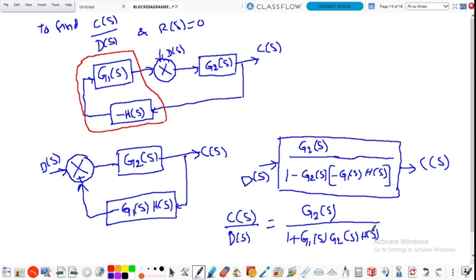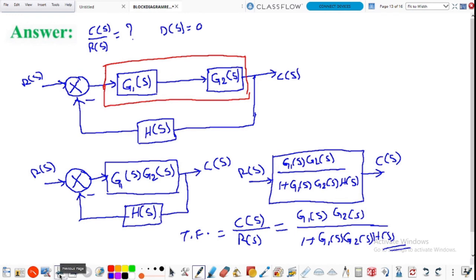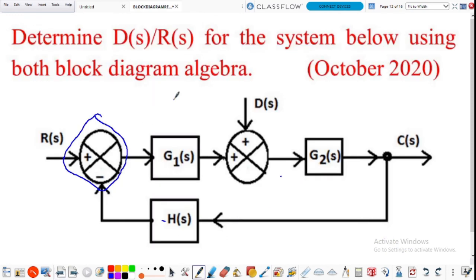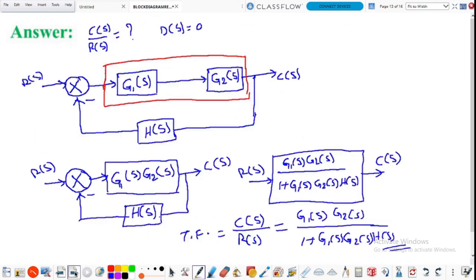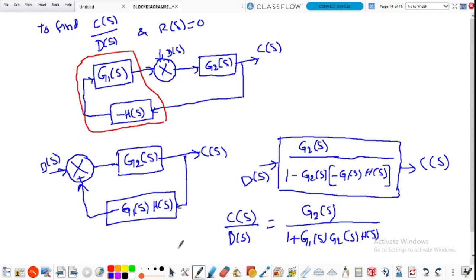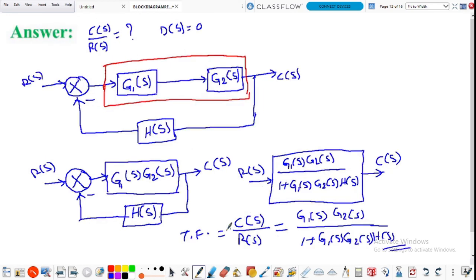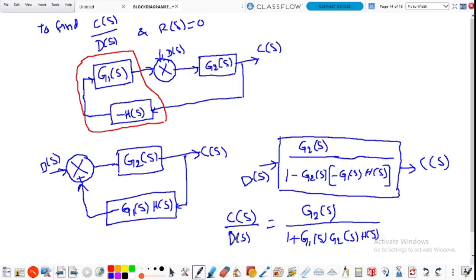But from the given data, calculate D of S by R of S. Given that, calculate D of S by R of S value. Determine D of S by R of S for the system. So to determine D of S by R of S value, now dividing C of S by R of S by C of S by D of S. So dividing this transfer function by this transfer function.